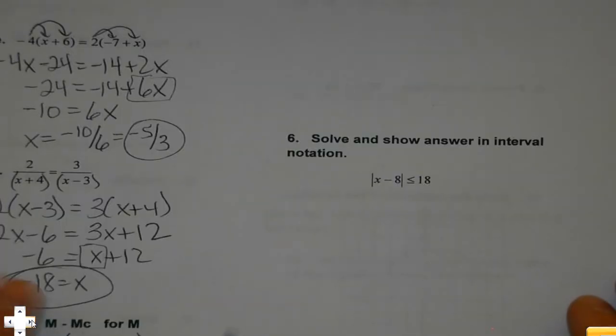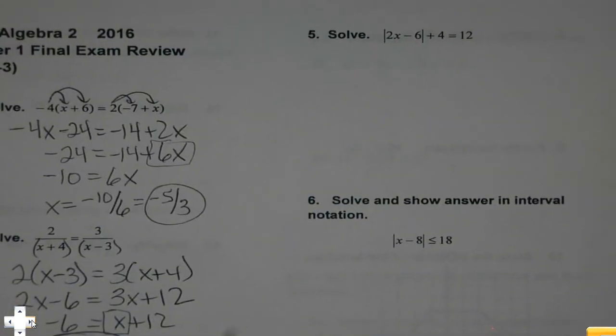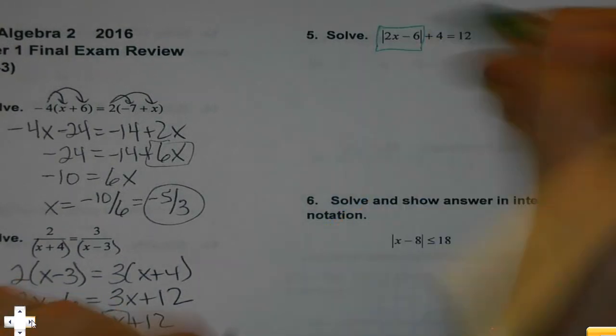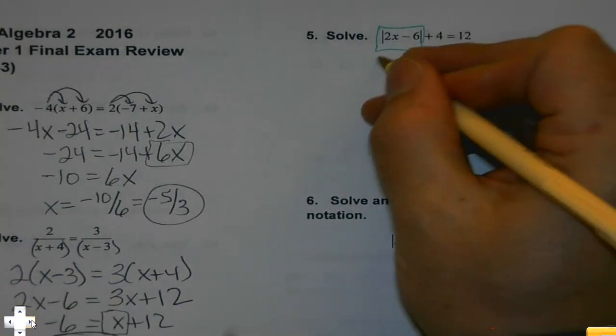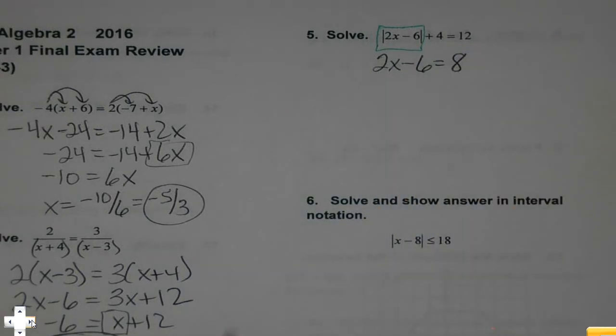All right. Number 5, if I ever get down here, we go. Okay, solve. Before I split, because again, with absolute values I always have to split, we need to isolate our absolute value. Do not split before or you will make one of your answers incorrect. Oops, gotta remember my bars though.